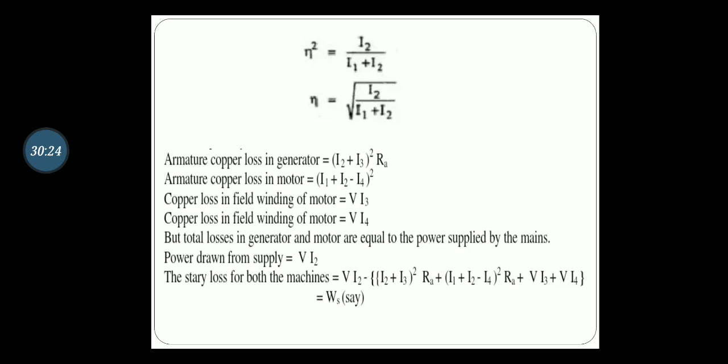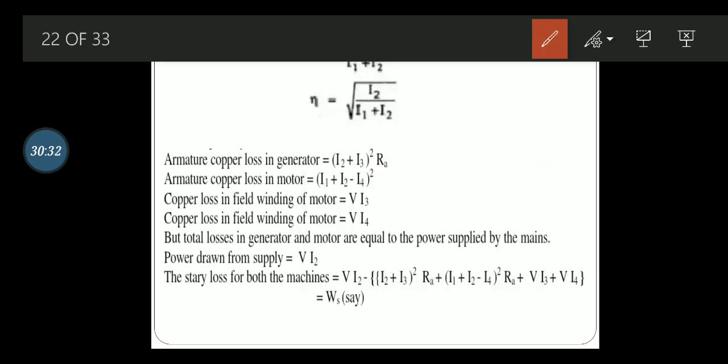Now from this test we can also calculate the armature copper loss in the generator, which can be calculated using the formula I2 plus I3 whole square into Ra. Armature copper loss in the motor can be calculated using I1 plus I2 minus I4 its whole square, because I1 is the supply current, and I2 minus I4 is the armature current of the motor.